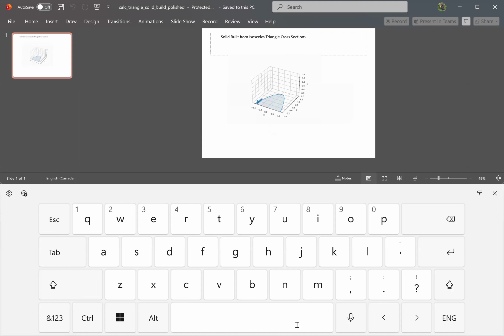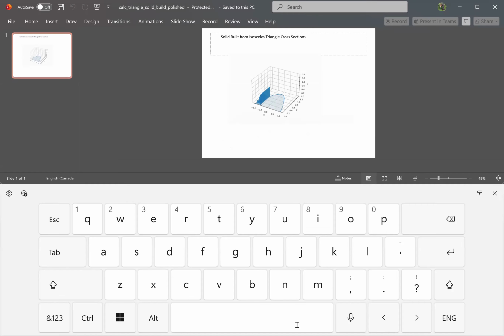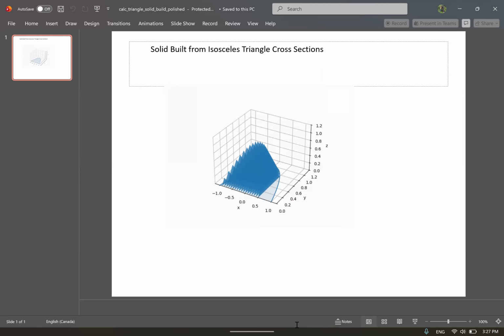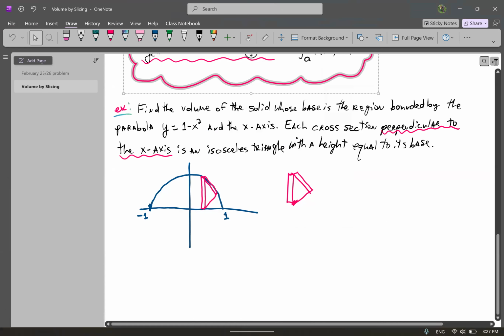So we can see that these triangles are just stacking up over and over again to create the shape in question. I'm going to play it one more time. So it's like we take those triangles and we are stacking them up one on top of the other to create this shape. All right, so that's what we're doing.